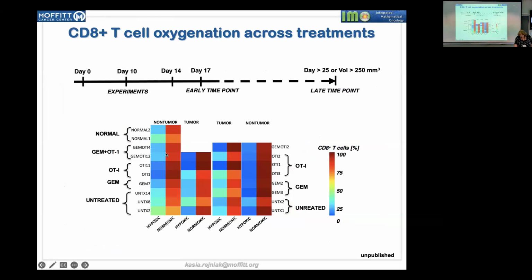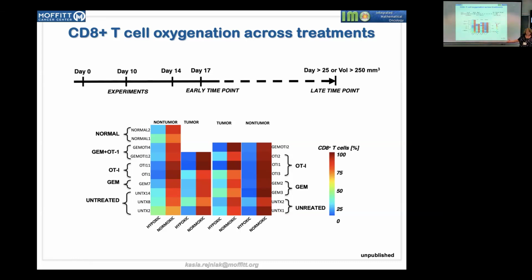In all of them, when we look at the normal tissue, monotherapy, combined therapy, untreated, the normoxic ones are all in red, so they are close to 75 to 100%. Some are in the hypoxic areas, but they are really the minority.